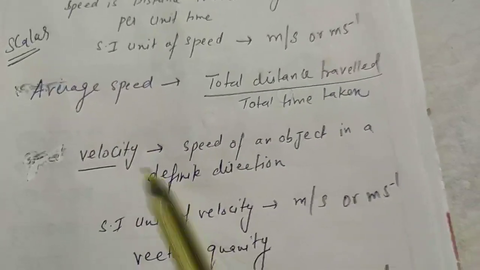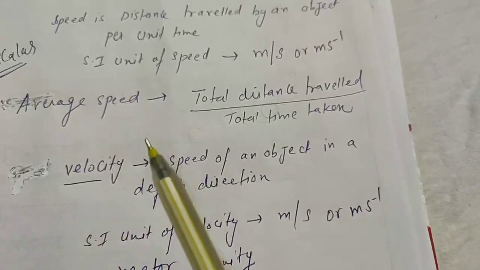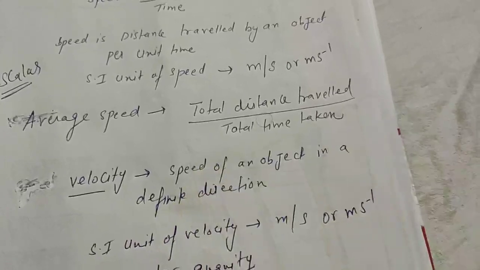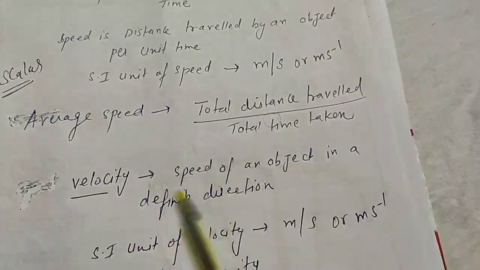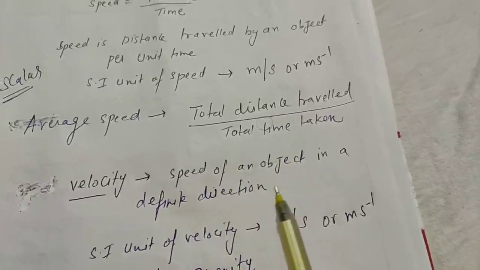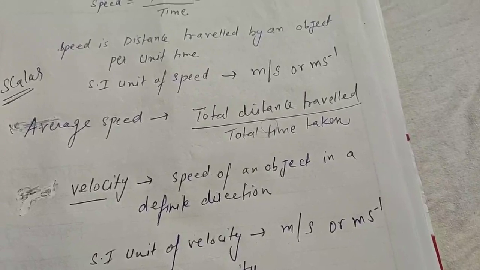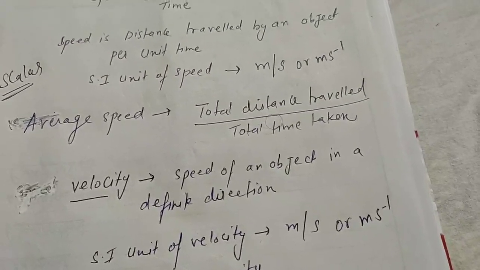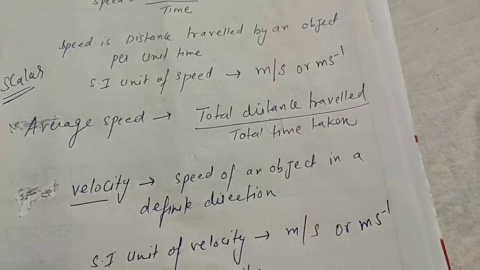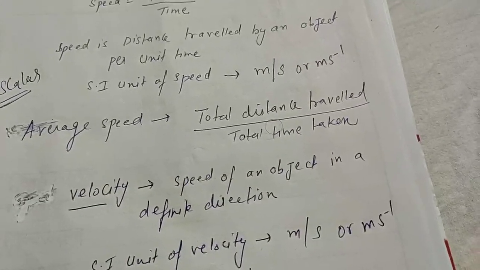Clear? The next one is velocity. So what is the difference between velocity and speed? You have seen speed and velocity many times, but what is the difference? Basically, if it is the speed of an object in a definite direction, when an object travels in a particular direction, then that is velocity. If I am specifying that a train is traveling at 80 km per hour in that particular direction, that means I am talking about velocity.